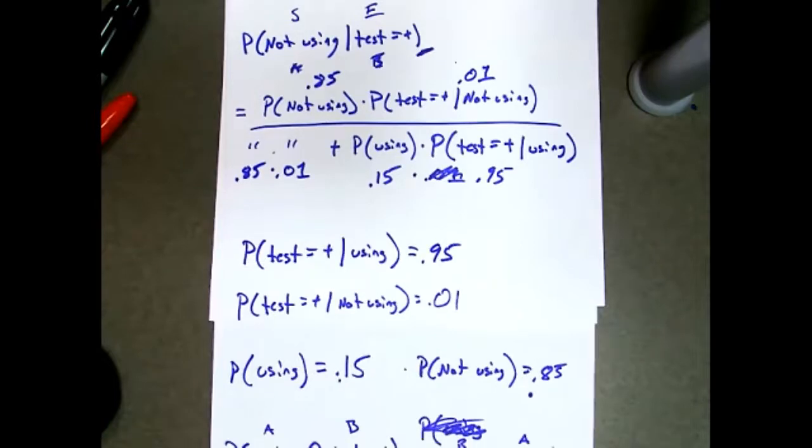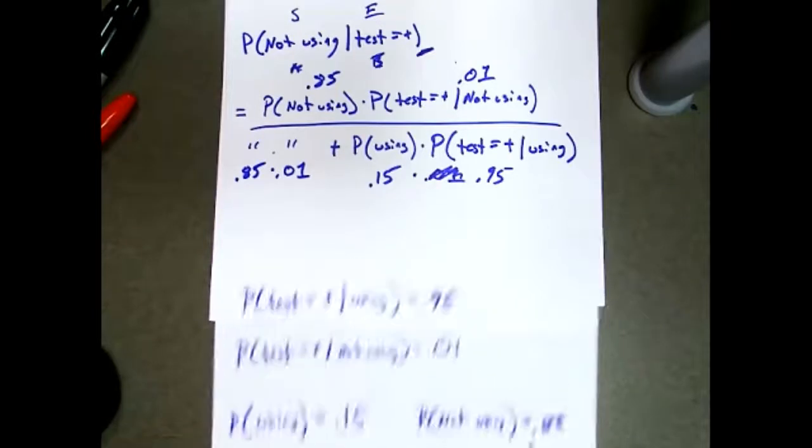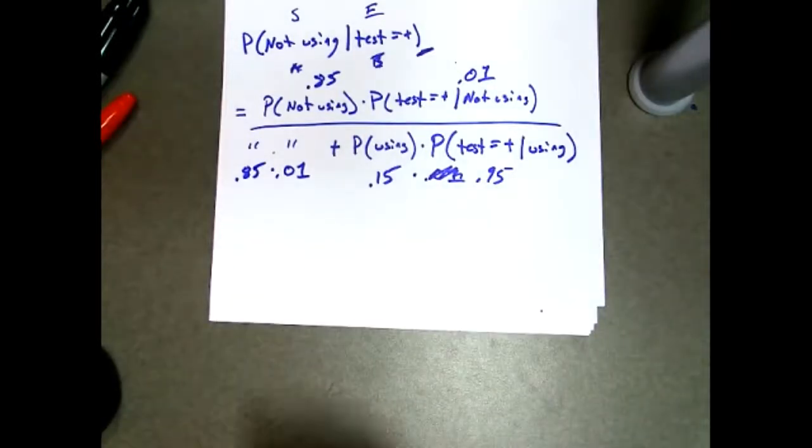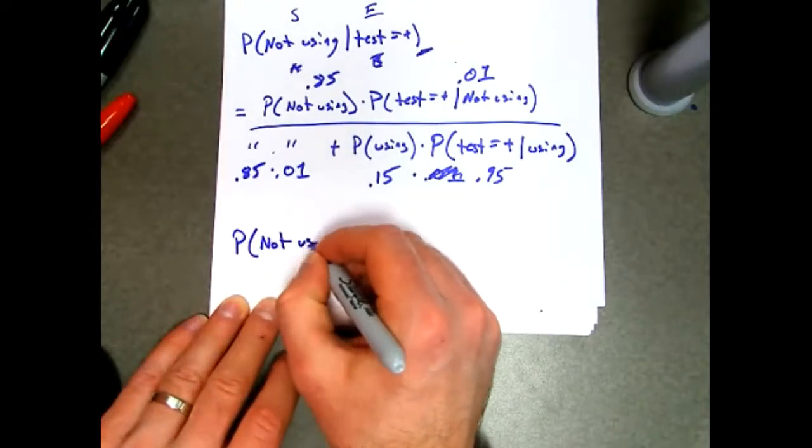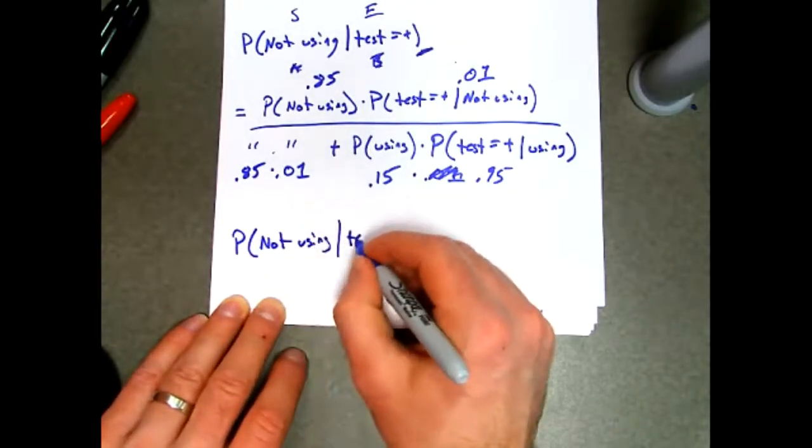So when you use this, let's say I had written this out using that multiplication rule. Right?